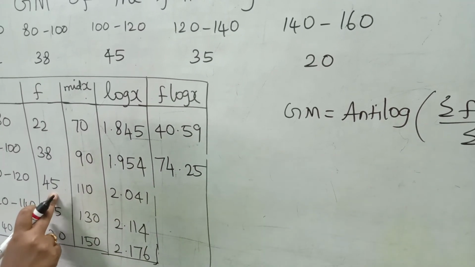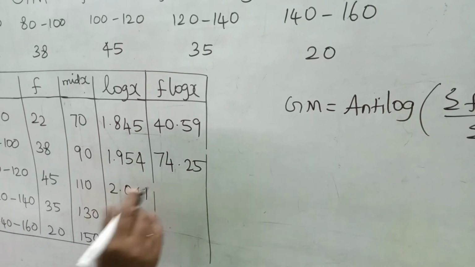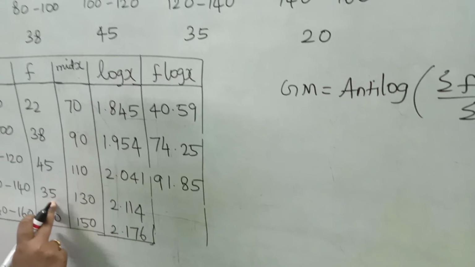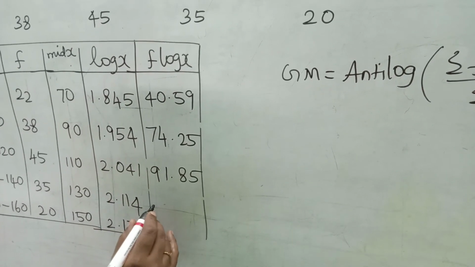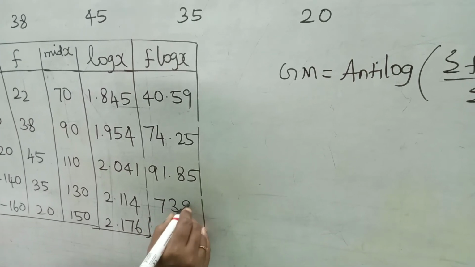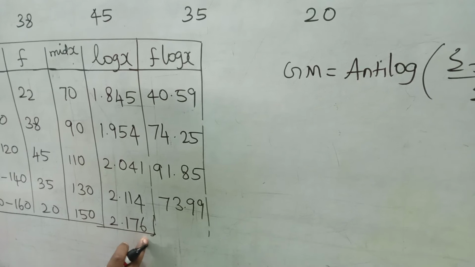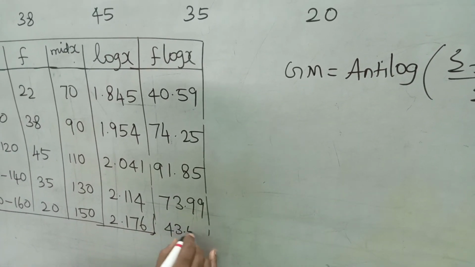F value is 45, log x value is 2.041, you will get 91.85. 35 into 2.114 gives 73.99. The last one, f value is 20, log x is 2.176, multiply that, you will get 43.52.